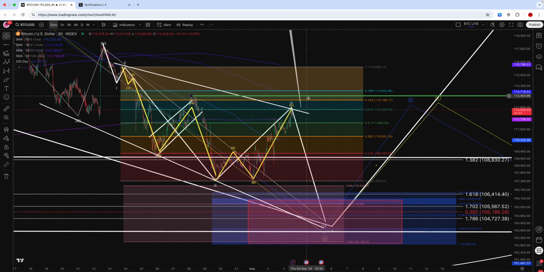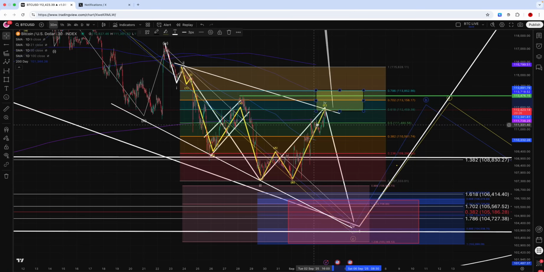If price can get sustained above these 3 levels, then it's very likely that the bottom is in. We're already above the 9-day moving average. We're also above the 100-day moving average.